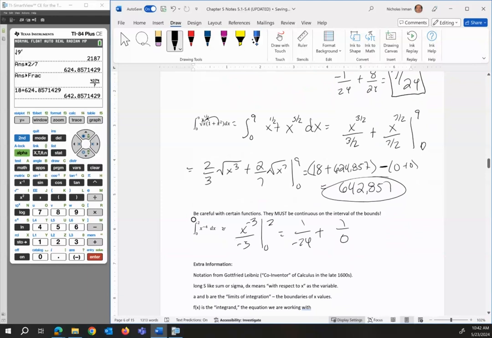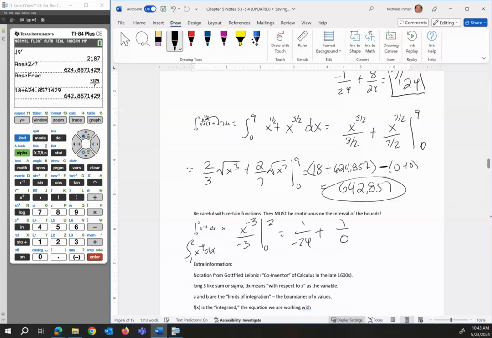Also, let's just say this was from -1 to 2. Now, the problem is in between -1 and 2 is 0. Even if it's in between your two bounds, we can't do the integral if there's an undefined value somewhere in the middle.